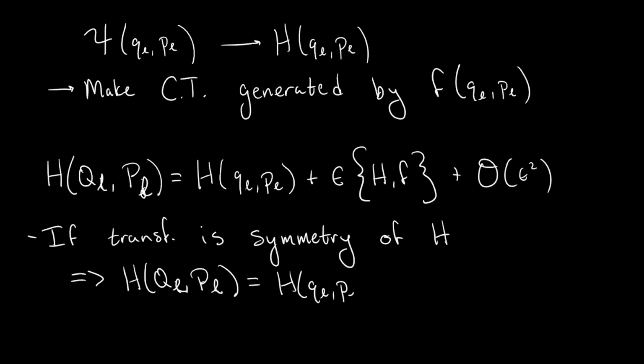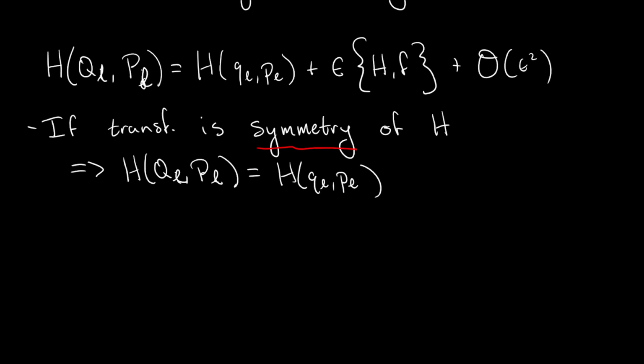That's the case where this transformation is a symmetry. But of course, the only way for that to happen is if this Poisson bracket vanishes.